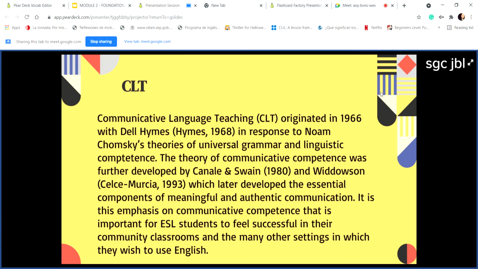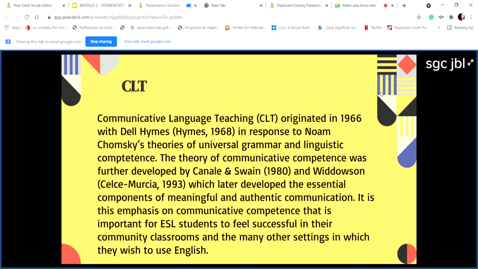A few years ago, the theory was completely out of time. The theory of communicative competence was further developed by Canale and Swain in 1980, and Widdowson and Celce-Murcia in 1993. I'm going to talk about Murcia later on because she created an interesting approach from the CLT.